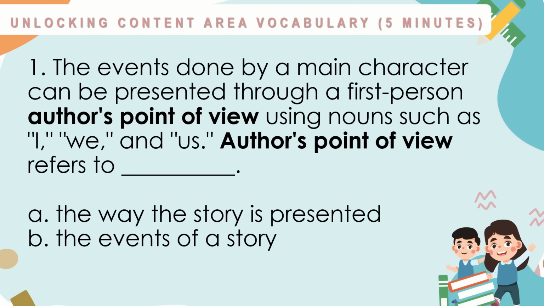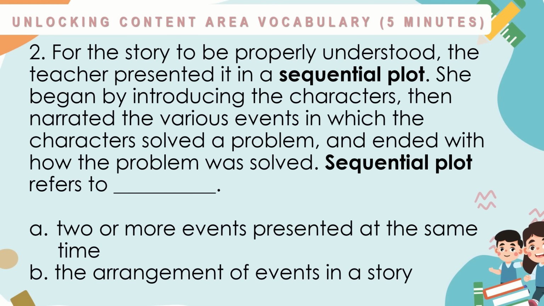Let us now answer. For number 1, the correct answer is letter A, the way the story is presented. For number 2, it's letter B. It is the arrangement of events in a story.